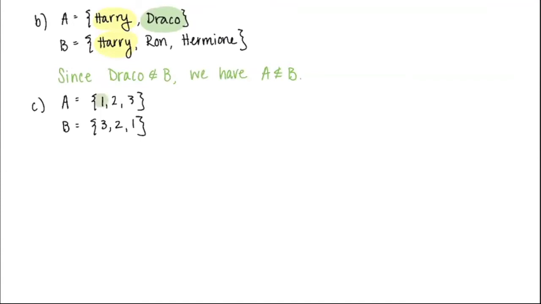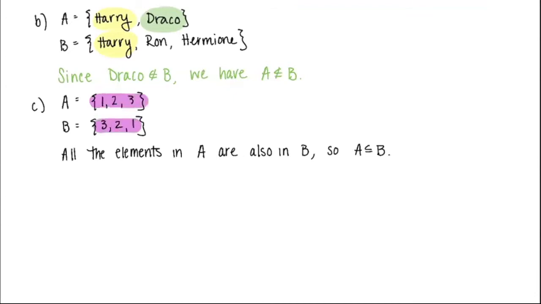So if I go ahead and match it up, 1 is in set B. 2 is in set B. 3 is also in set B. So here, all the elements in A are also in B. So indeed, A is a subset of B. Really, the reverse is true, because if I look starting at B, all of the elements in B are also in set A. So in fact, B is also a subset of A, and these two sets are identical. So A is equal to B.